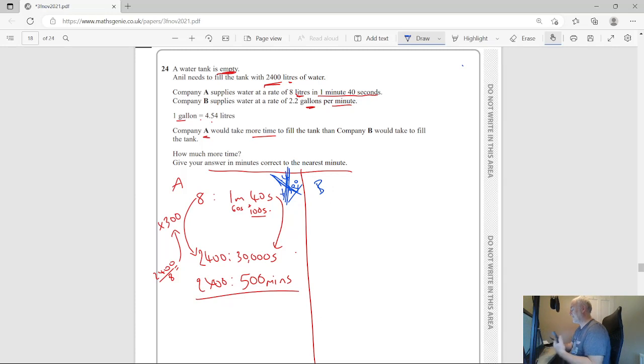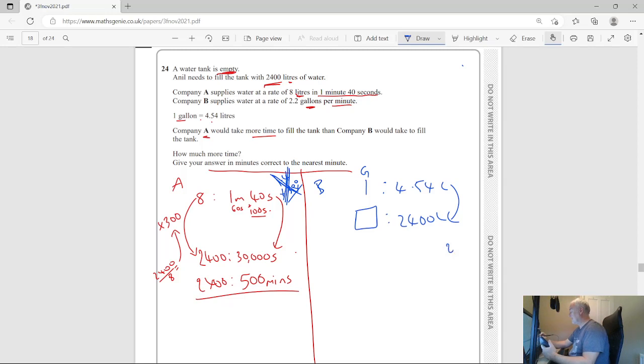This time, 1 gallon is equating to 4.54 litres. Remember, we need to go to 2,400 litres. So we need to work out how many gallons we need. What's my multiplication factor?